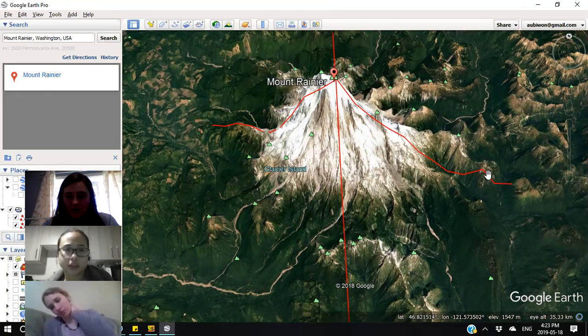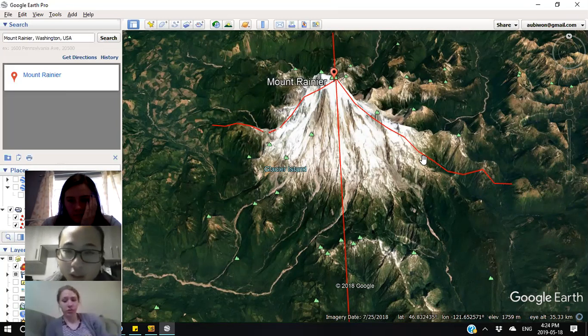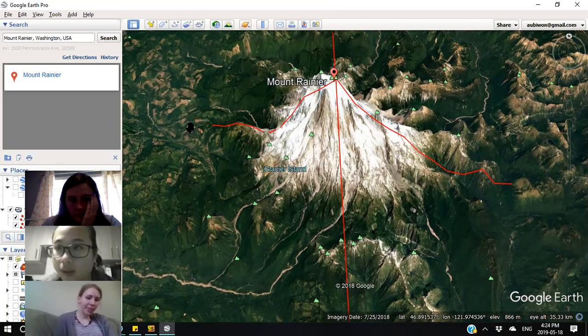Yeah? 1,400. We're talking meters, right? Yeah, sorry, meters. So just outside of that east side one, at the base of that tiny mountain off to the side of Mount Rainier, a little bit further out from the line that you drew. Right about there?